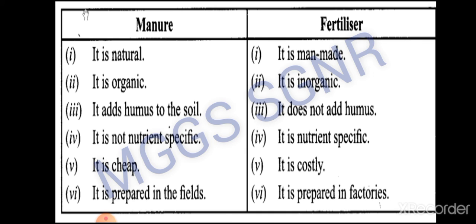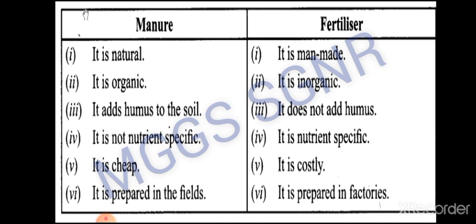So while we are adding urea, it means we are adding urea only. There can be some other nutrients also which are required by the plants. Urea can't fulfill all the needs of the plant. So fertilizers are nutrient specific, but manure is not nutrient specific.